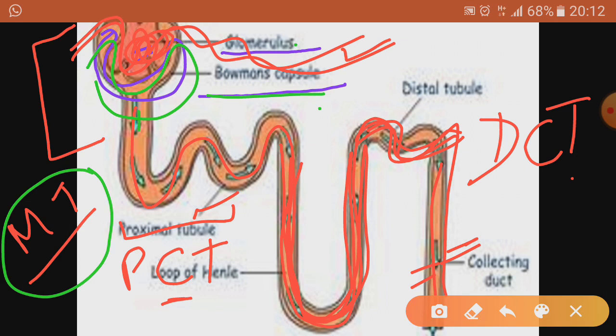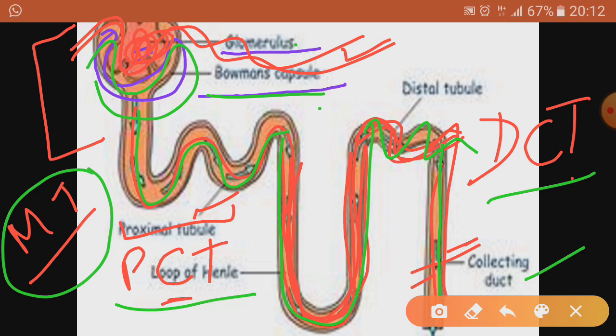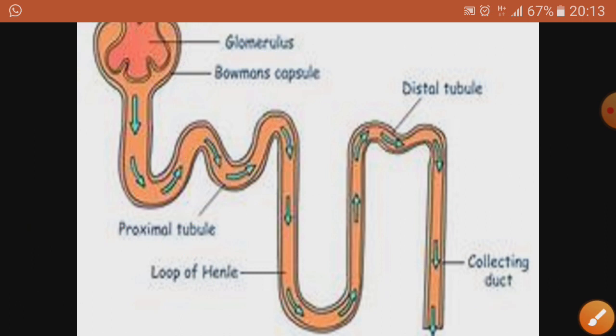Now this twisted structure is called PCT, proximal convoluted tubule. This loop-like structure is called loop of Henle. Then this one is called distal convoluted tubule, and the last one is called collecting duct. So this is how our nephron looks.